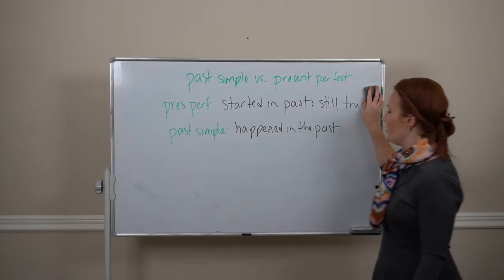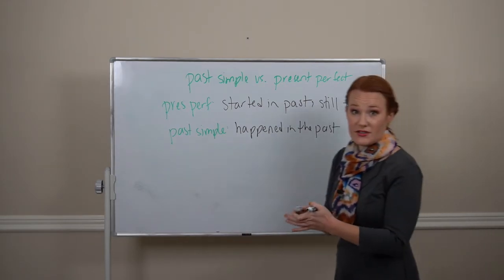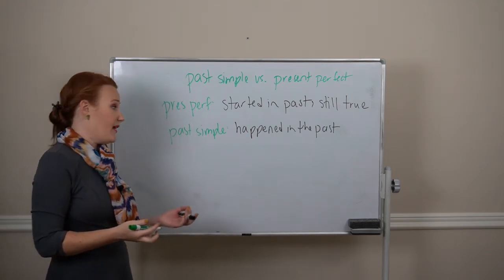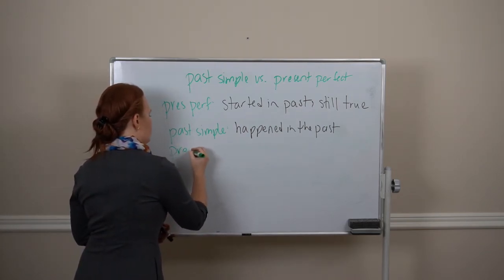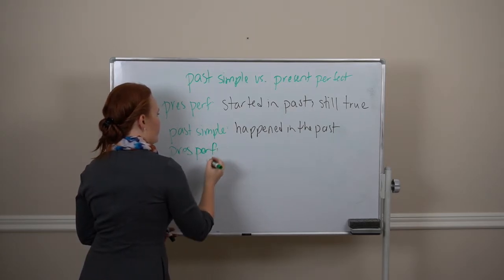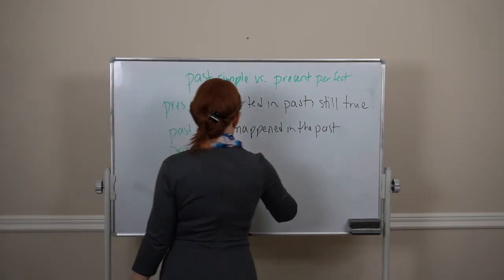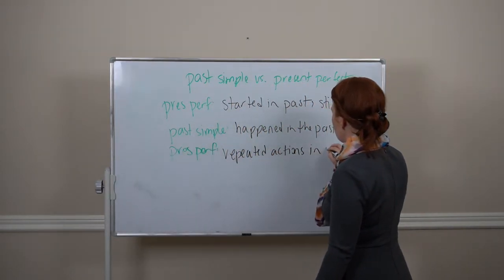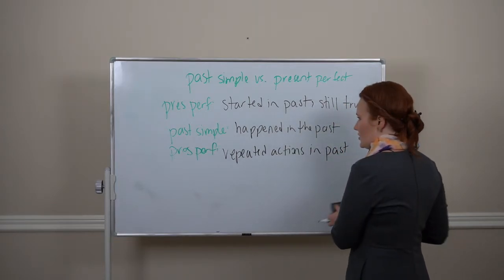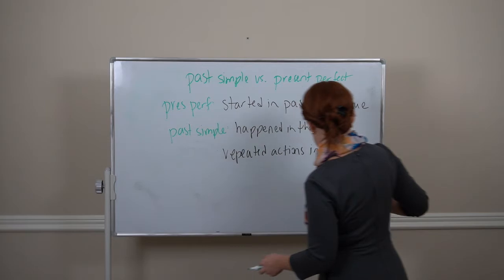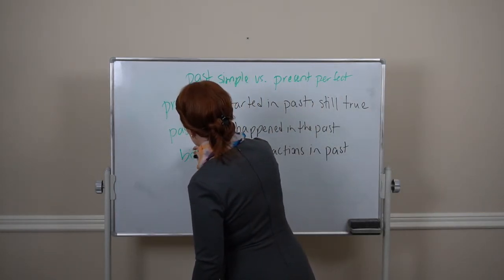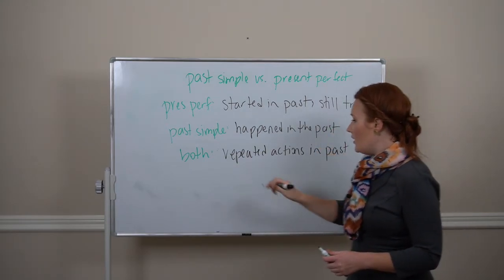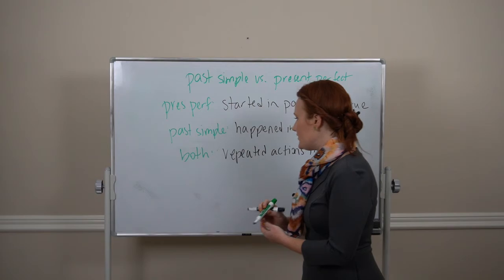Now, there's also, I'll put this down here too. We can kind of use both for repeated actions in the past. So both for repeated actions in the past, but there's a little bit of a difference when we use present perfect.